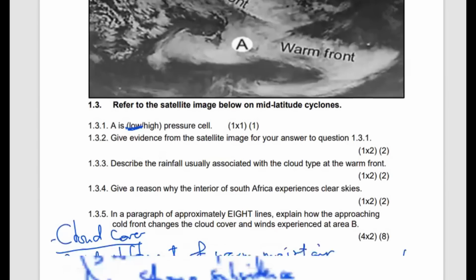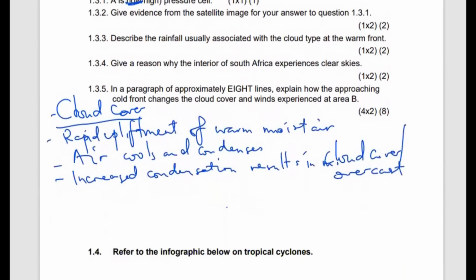Then we also need to look at winds. How is the wind going to be affected at area B? Right, with wind, we are saying there is a strong pressure gradient.